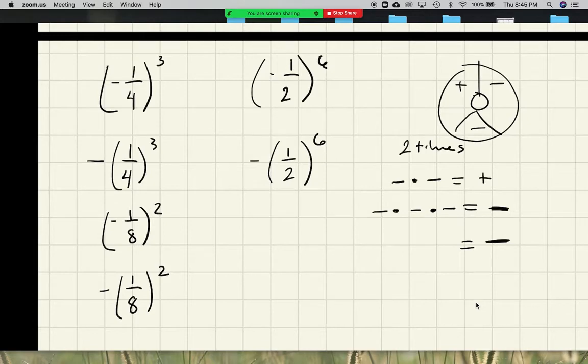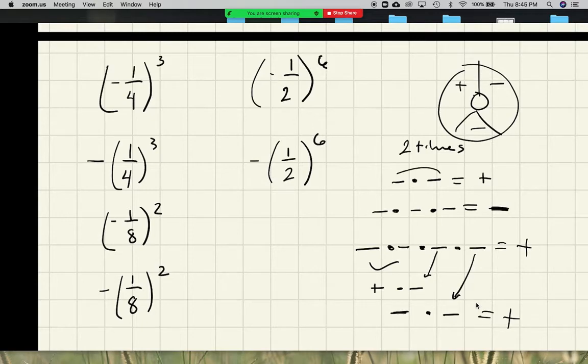If I do it 4 times, negative times a negative equals a positive, times a negative times a negative. If I bring that one down, that equals a negative, because negative times a positive is a negative. Then bring this one down, and we're back to the beginning. Negative times a negative is a positive.